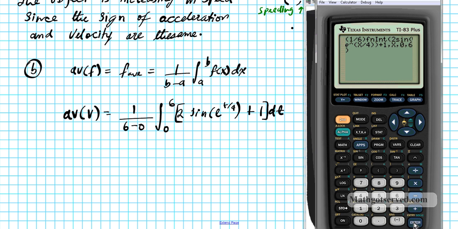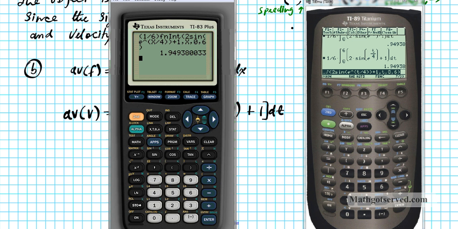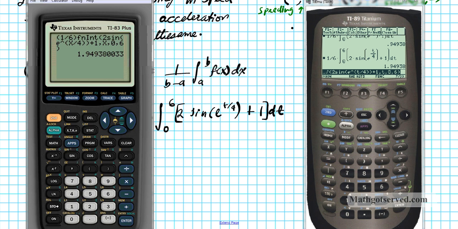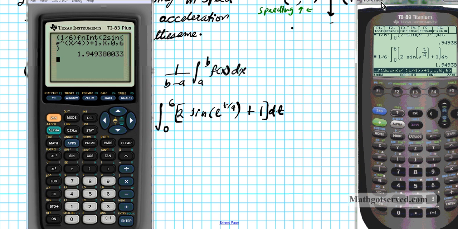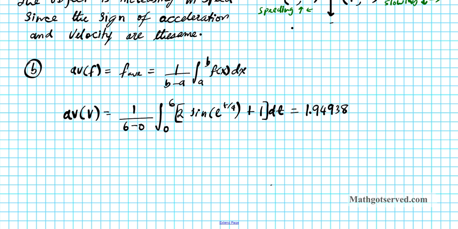And then you press enter, and there you go. Okay, so that gives the answer, 1.94938. Okay, so that's the average velocity. Let's write it down. So average velocity is 1.94938.